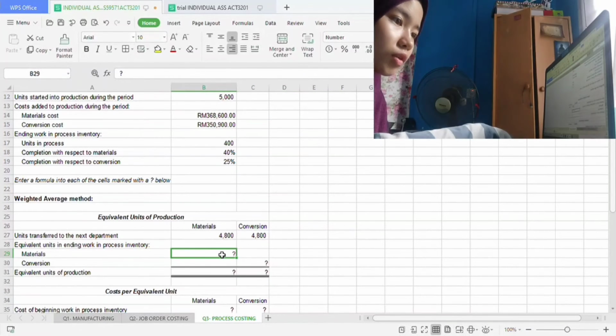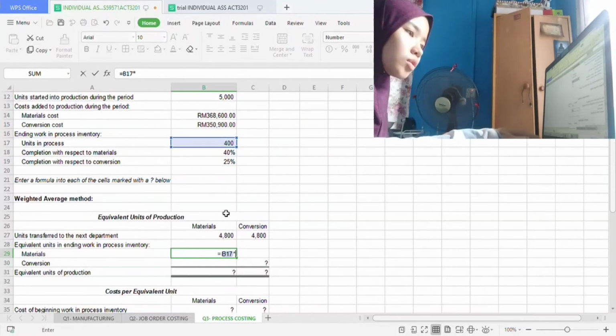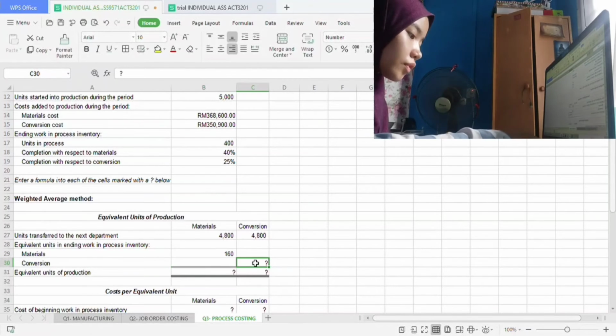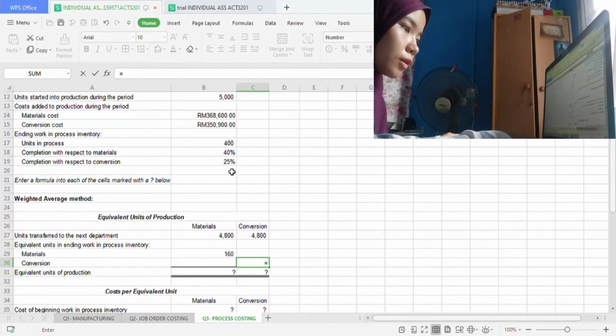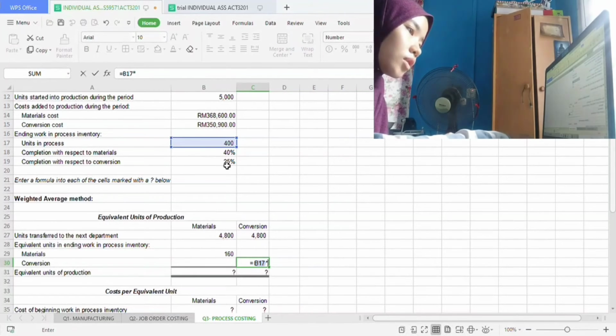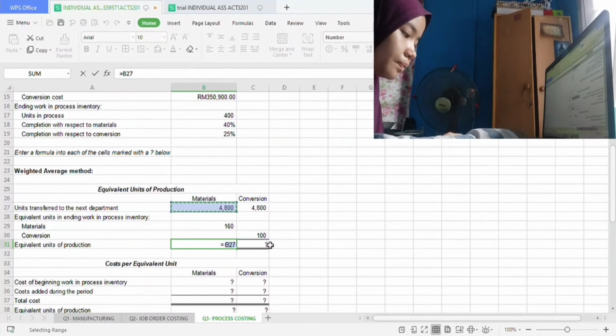To get equivalent units in ending work in process inventory for materials, we take the units in process ending, 400, times the completion percentage with respect to materials, and 25% with respect to conversion. So equivalent units of production, we total.